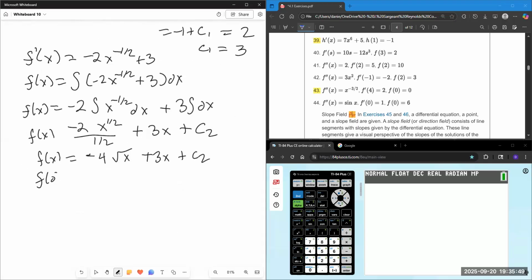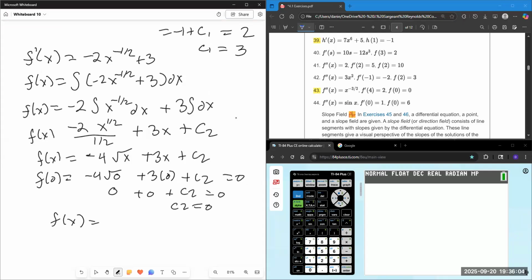So f of 0 is negative 4 square root of 0 plus 3 times 0 plus C2, which needs to be 0. 0 plus 0 plus C2 equals 0. C2 equals 0. So f of x is equal to negative 4 root x plus 3x.